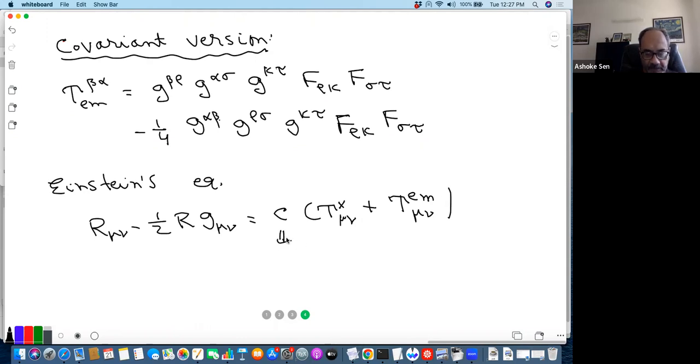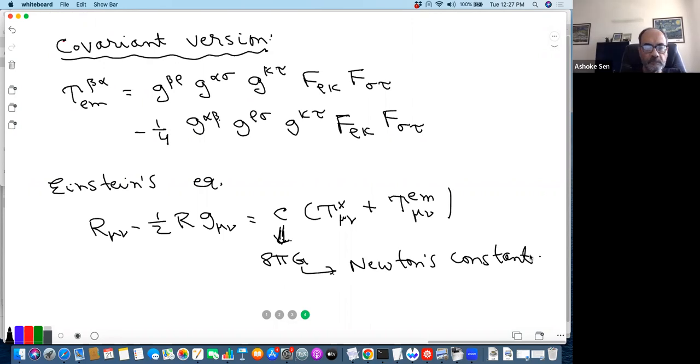You are supposed to evaluate C by comparing with the weak coupling limit. So this is basically 8 pi times the Newton's constant. Okay, are there questions on this?